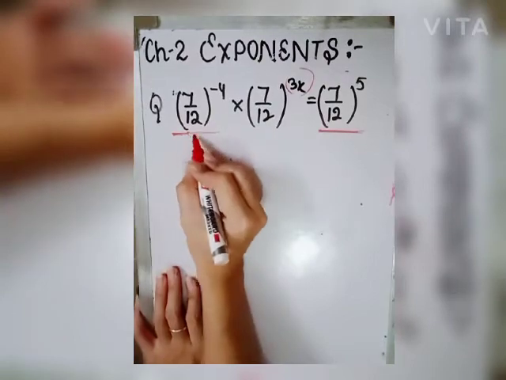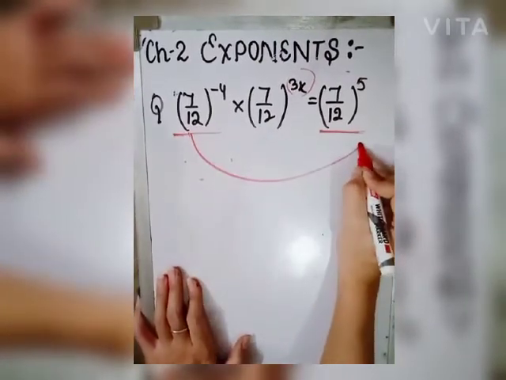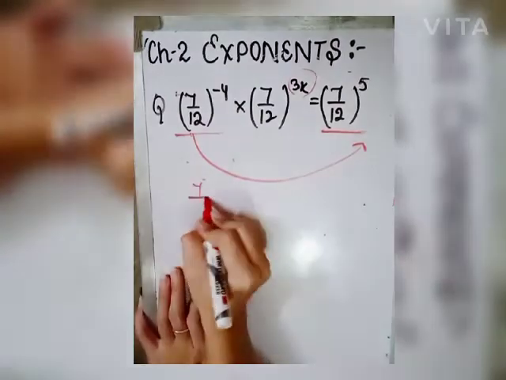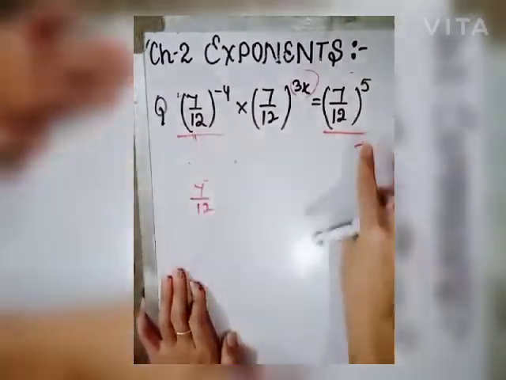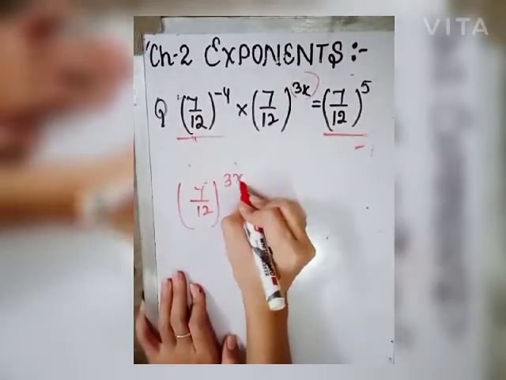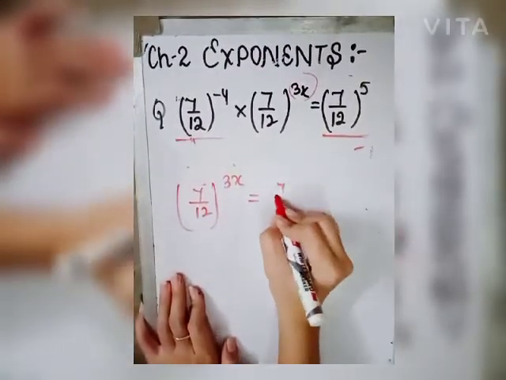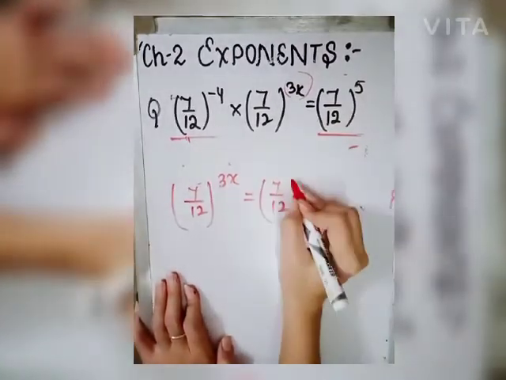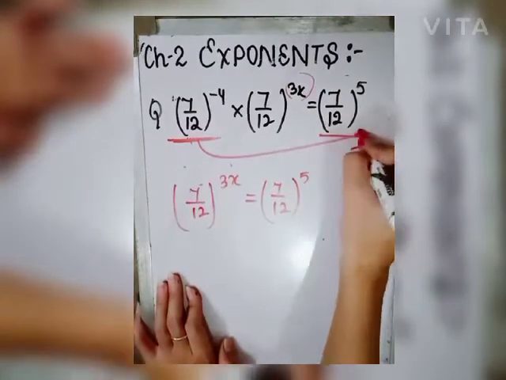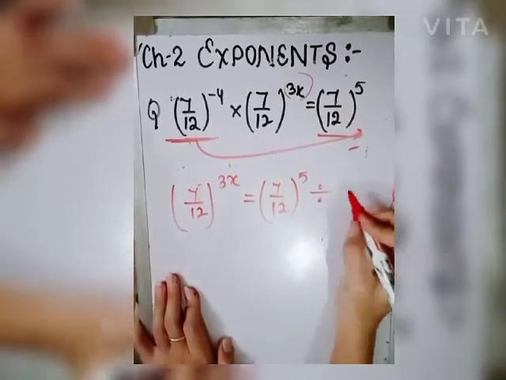So when this 7 upon 2 raised to the power 4 goes to this side, it will come in negative. Here we will write 7 upon 12 raised to the power 3x as it is. Here we have 7 upon 12 raised to the power 5, and when this term goes here, it will come in divide.